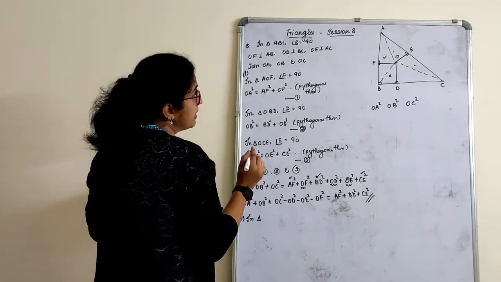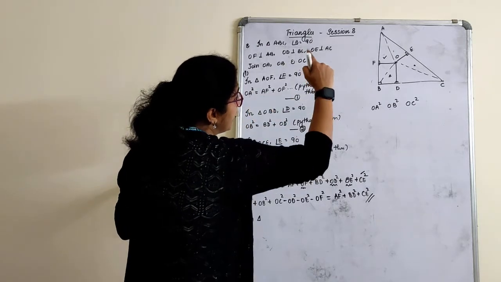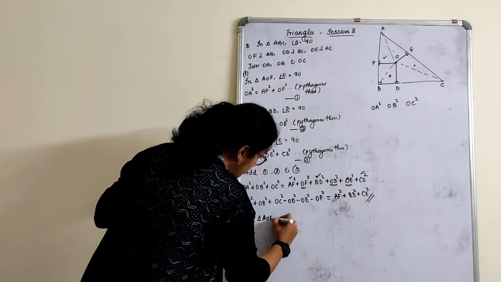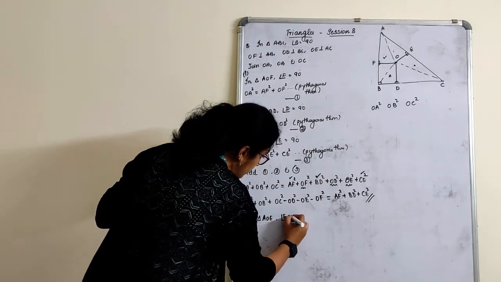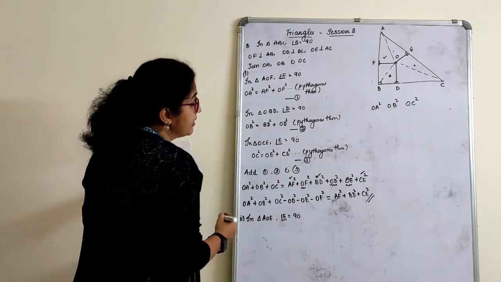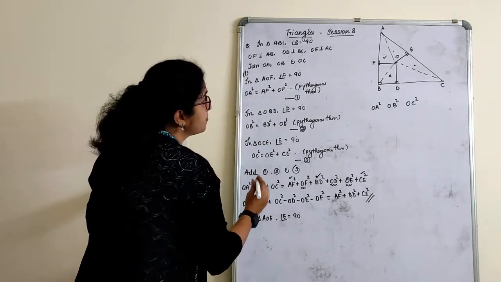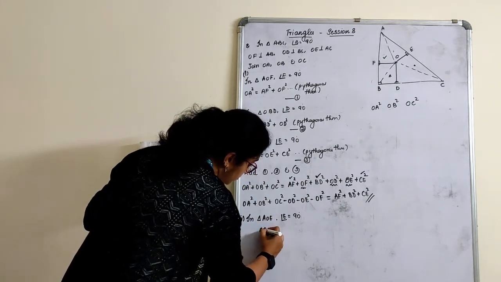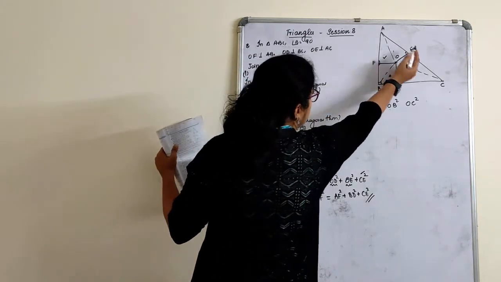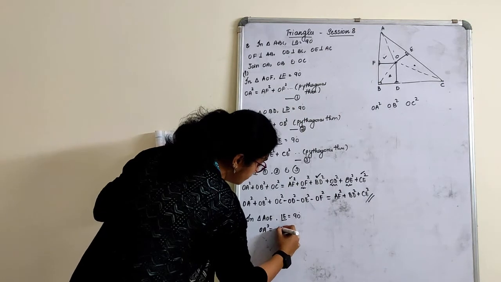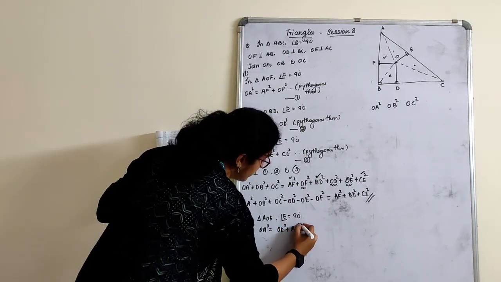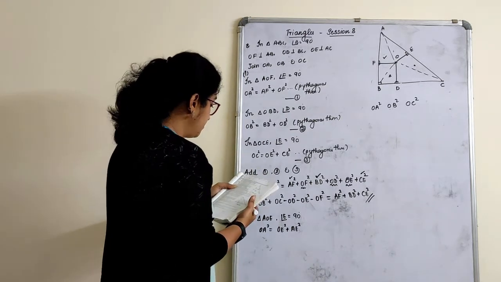Now for second one, in triangle AOE, angle E is equal to 90 degree. So I can write that as OA square is equal to, so this is the hypotenuse, OE square plus AE square, right?